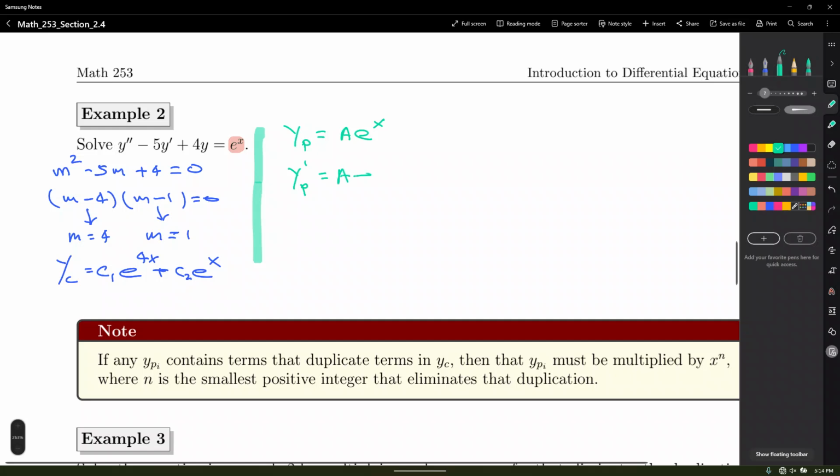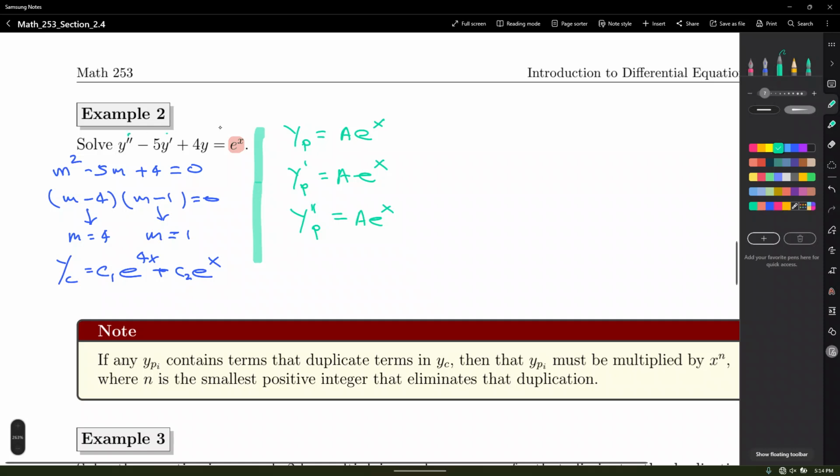So y prime of p is a e to the x, and y double prime of p is another a e to the x. There's really no change. What do we do with this?